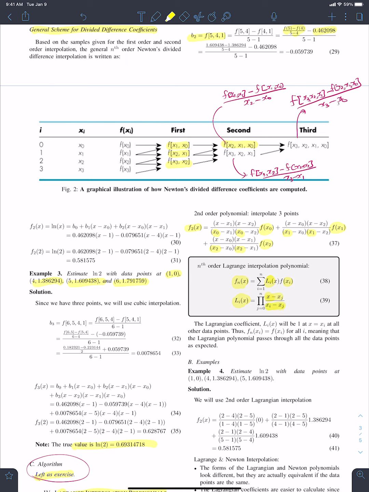And as you can see, you have to compute Li(x) n times. So that is how you get the nth order formula.